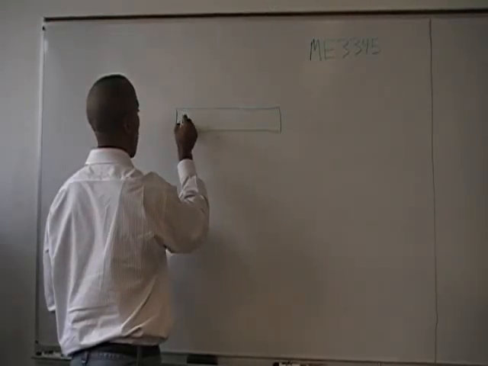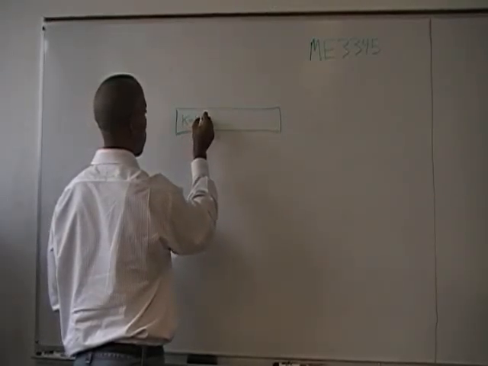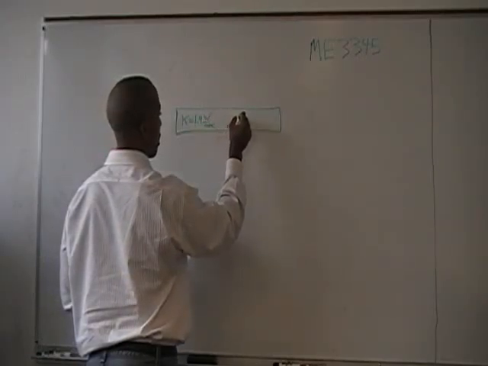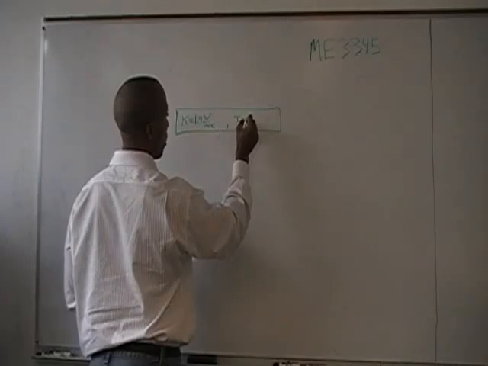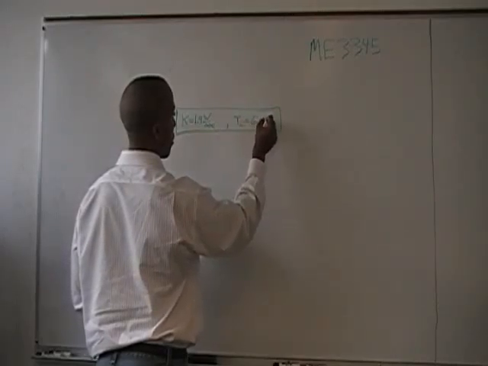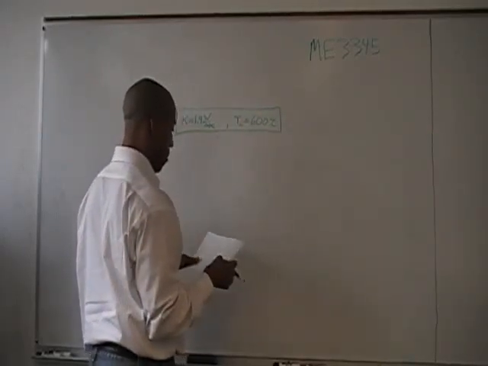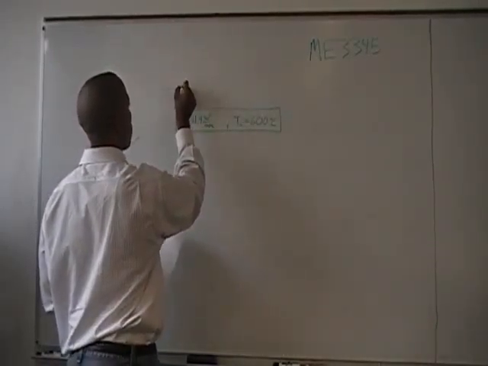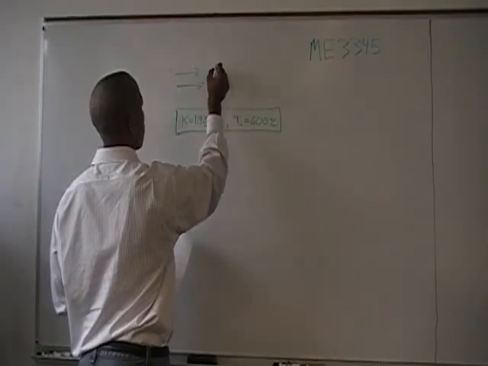So this plate is glass and it has a thermal conductivity of 1.4 watt per meter Kelvin, and we know it's at an initial temperature of 600 degrees Celsius. So we have some sort of convective cooling.